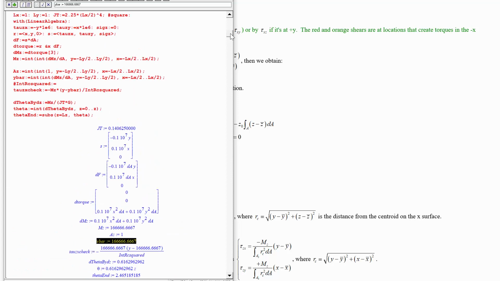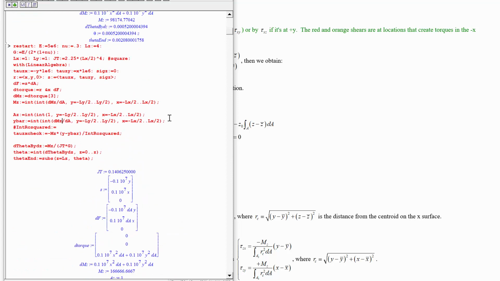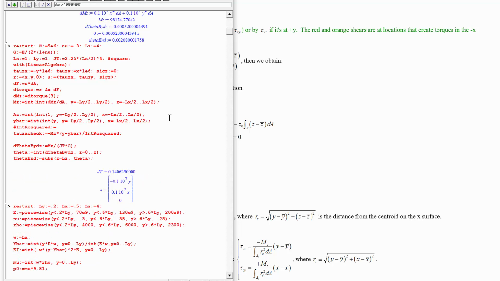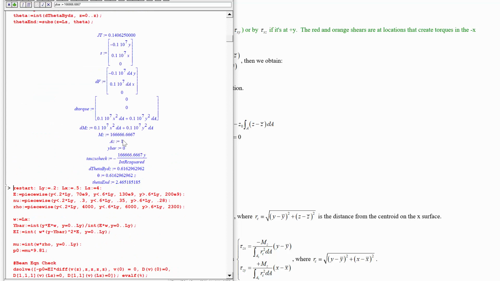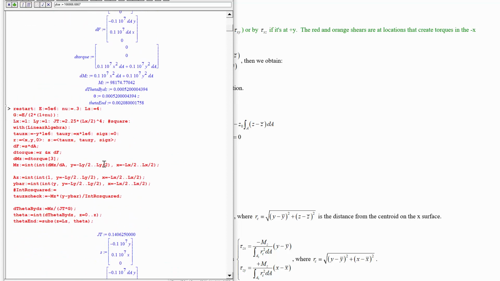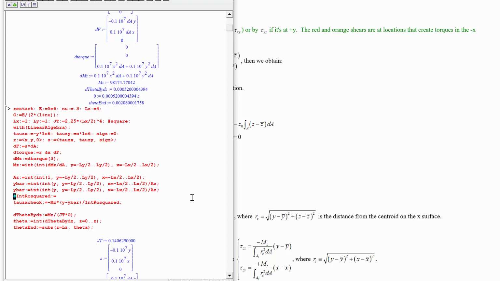So then y bar, we didn't adjust this integral yet. Y bar is going to be the integral of y over this surface. And we should have 0. Indeed, it's just in the middle. It really would be this integral divided by the integral of 1 over that surface, but it is just 0, so it's not going to make a difference.